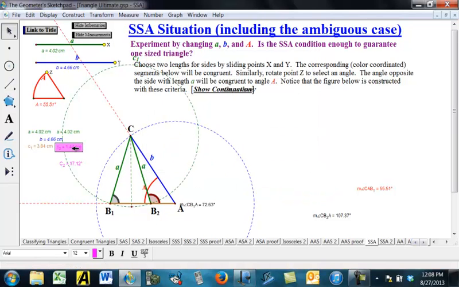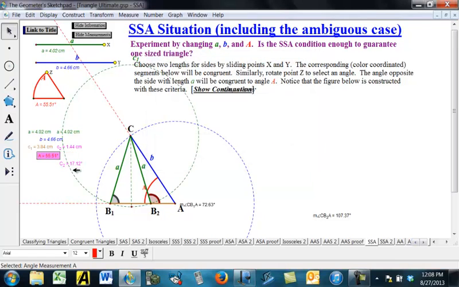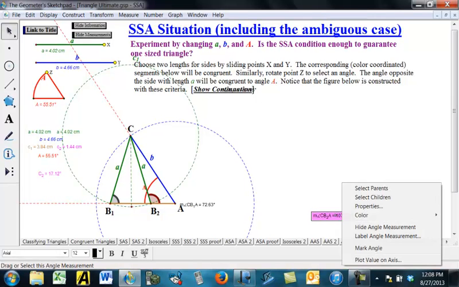Notice that those sides correspond, but they're not the same length. And then the angles: angle A is the same either place. Angle C is different though. Here's angle B2.